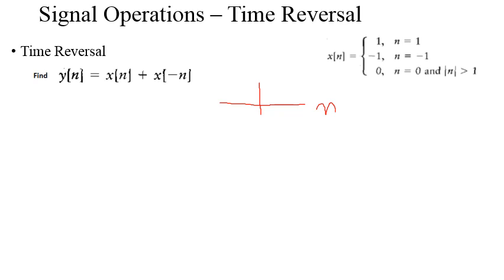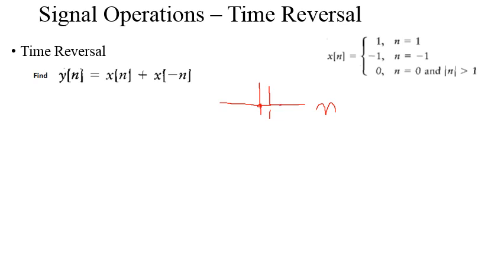So it says that when n equals 1, we have value equal to 1, so it will be 1 at n equals 1, and it is minus 1 when n equals minus 1. So this is 0. At this point n will be 0, at this point n equals 1, at this point n equals 2, and so on.